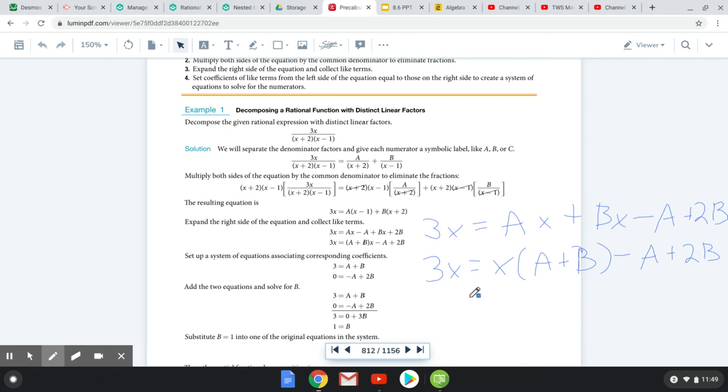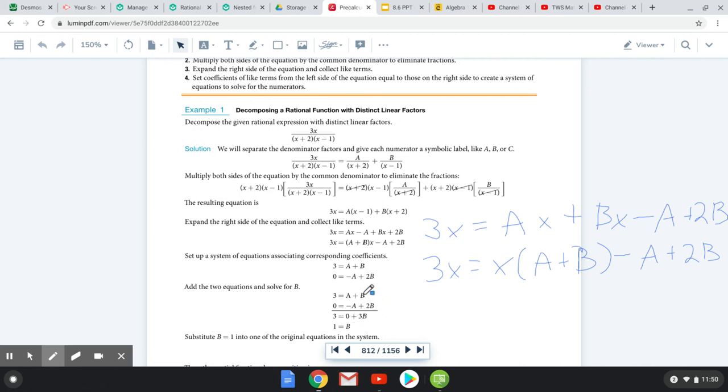So we end up with two equations. And now you might be seeing why this is coming up in a lesson on systems of equations, because we're going to end up with a system of equations. A plus B has to equal 3, and negative A plus 2B has to equal 0. So we end up with this system of two equations with two unknowns.